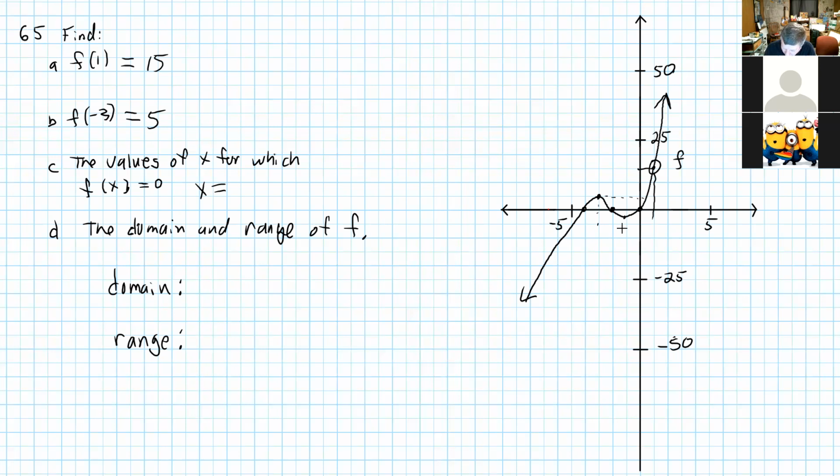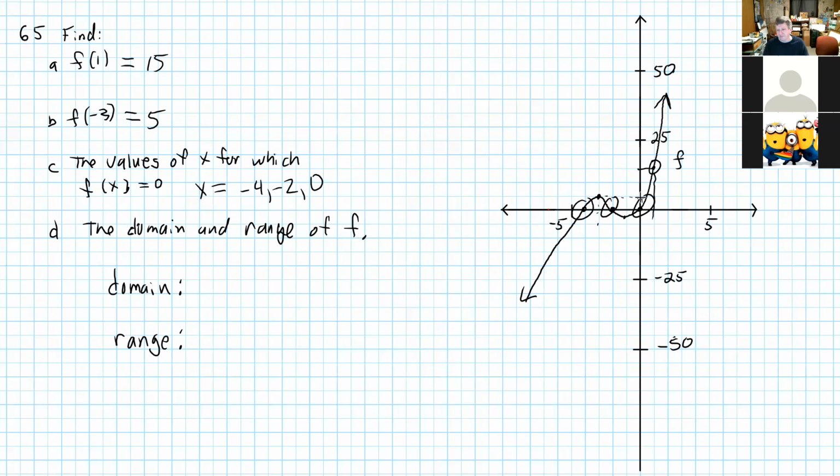What are the x values of those ordered pairs? -2. Okay, -4. There we go. So -4, -2, and 0. All three of those have an f of x value of 0. So the x values are -4, -2, and 0.